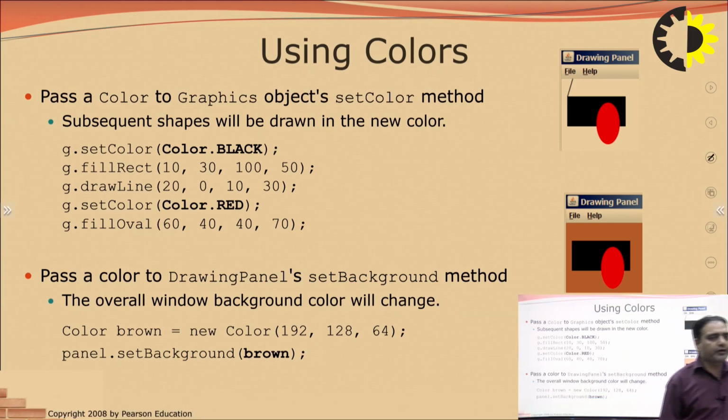Pass a color to the drawing panel's setBackground method. The overall window background color will change. Here you can see that in the above diagram the drawing panel's background is white, but in the below diagram the color of the drawing panel has been changed.